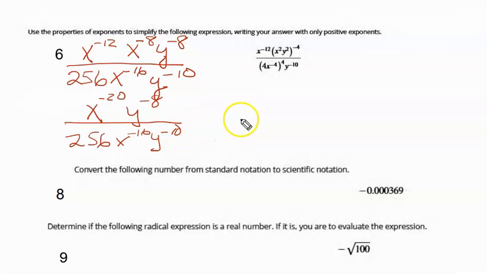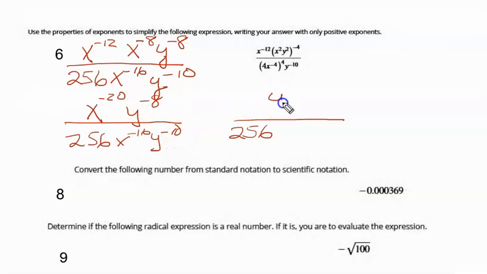So I want my answer to be positive. So I know the 256 is going to stay there. Now, if I bring the y to the negative 10 up, crossing this division bar, the sign of the exponent changes, becomes positive 10.